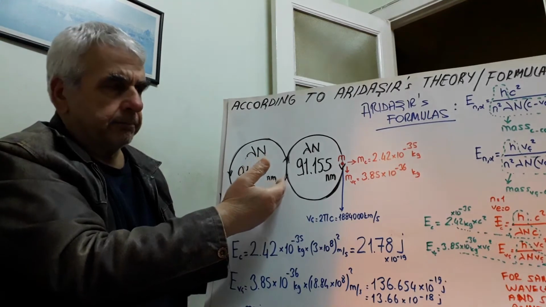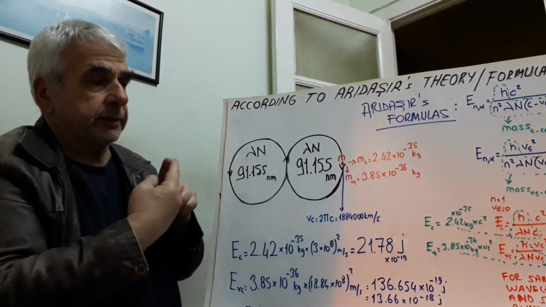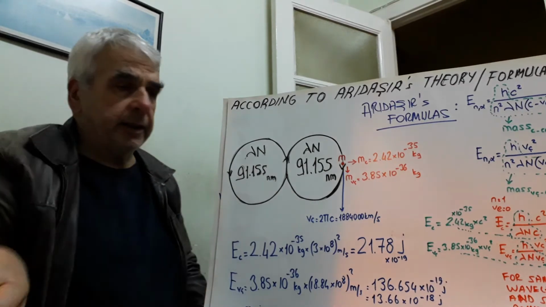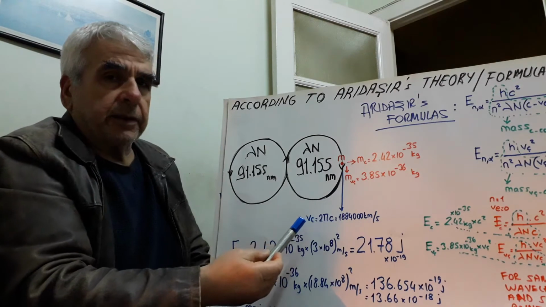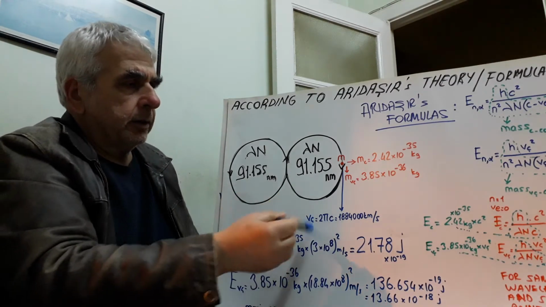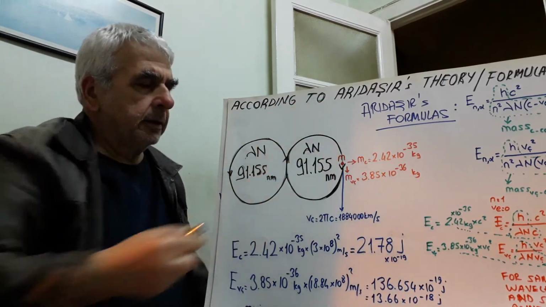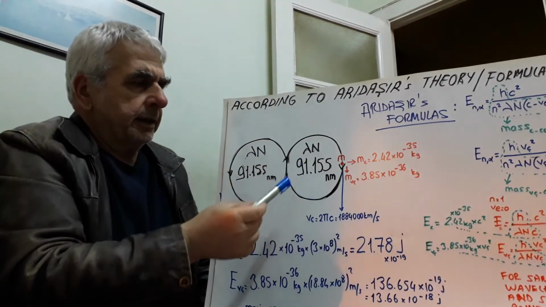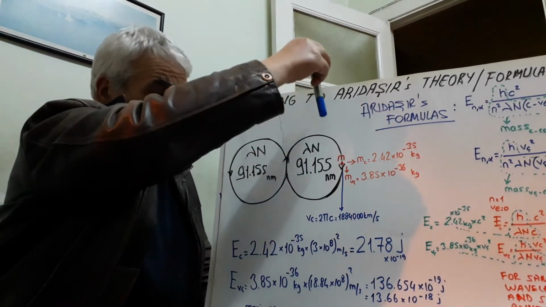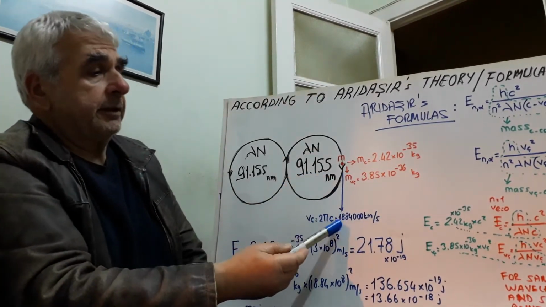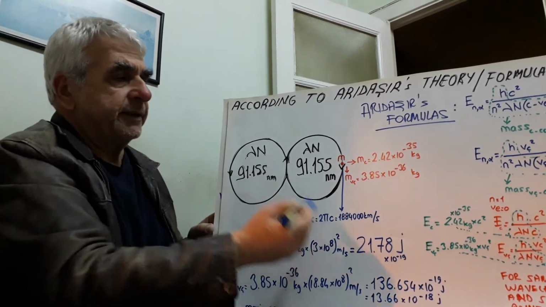electron motion form, cycling at its first cycle, n equal 1, and it's in this direction, Vg, I say, linear velocity of single first cycle 91.155 nanometer electron motion form's linear velocity, 1,884,000 km per second, equal to 2 pi c.